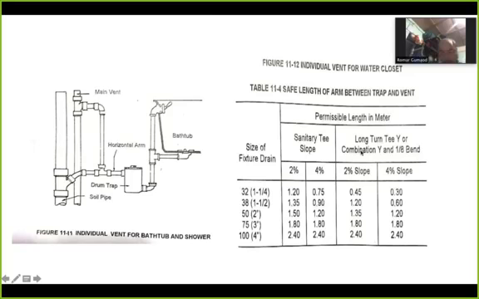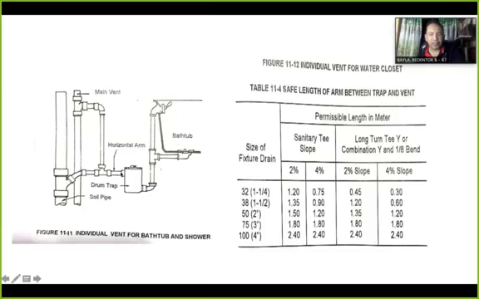So if you want to find out the size of the fixture drain, you can use it here. So how to use? Of course, the unknown here is the permissible length in meters. Now, for example, if your drain is 100 mm, and the slope here is 2%, the permissible length is 2.4 meters.